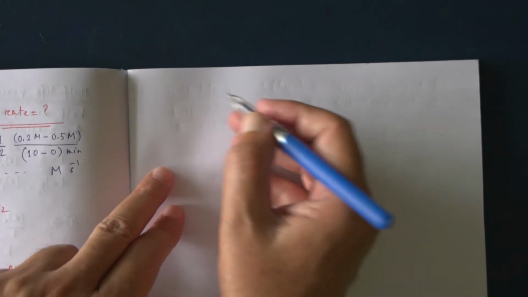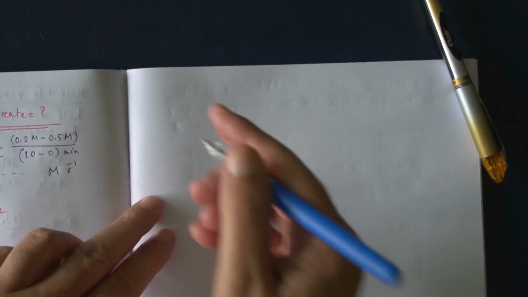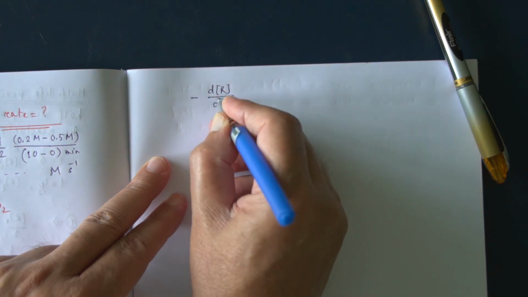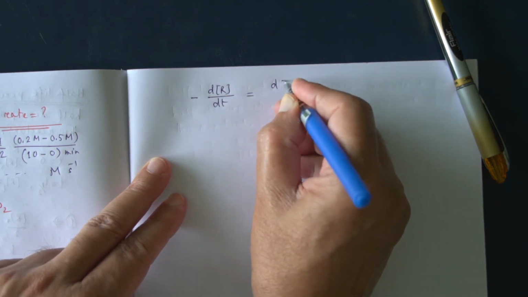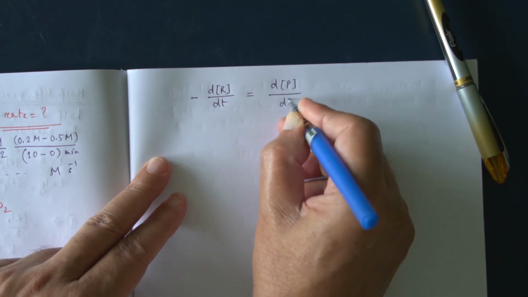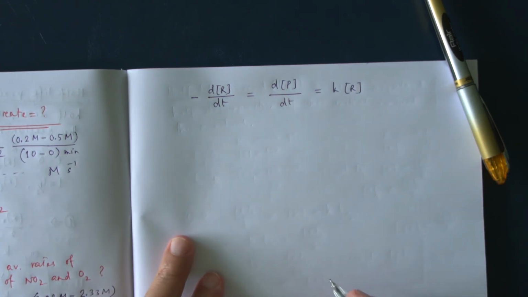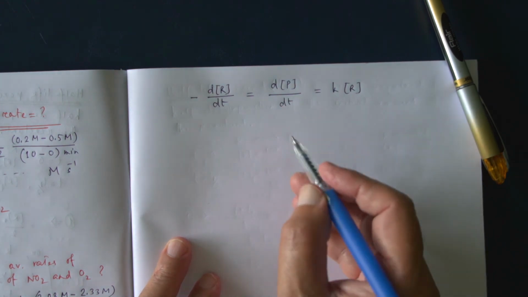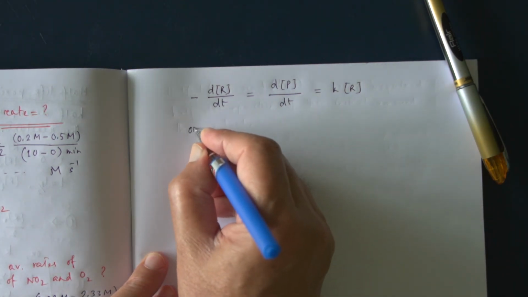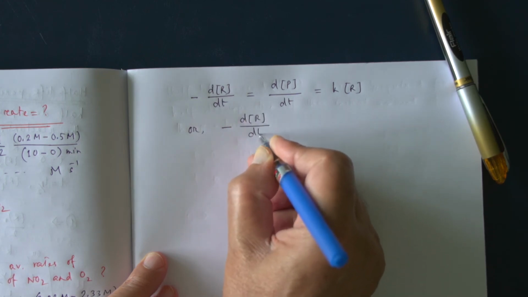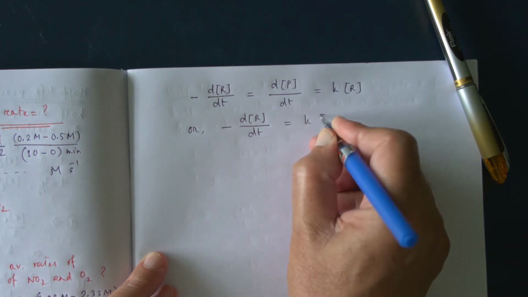Okay, now let us see. This is first order reaction. So what is the differential rate equation? Differential rate equation is minus dR by dt equal to dP by dt equal to kR. Okay, this is the differential rate equation. Or we can write minus dR by dt equal to kR.